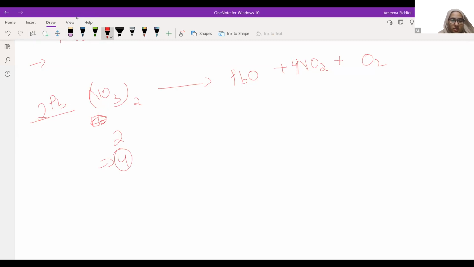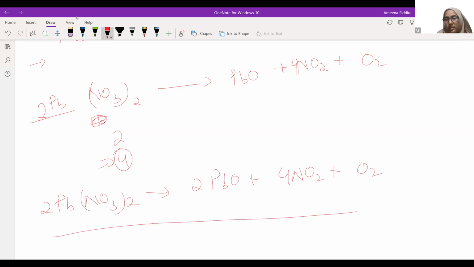Ifra, beta, can you just see this? Do you understand this part? Beta, can you just see it now? Is it completely balanced? Ifra and Afrin both?